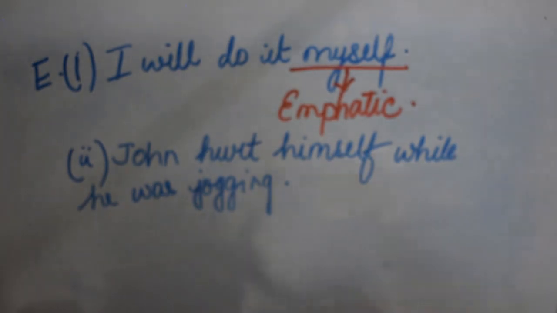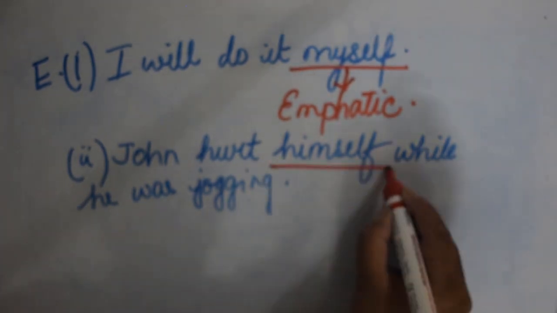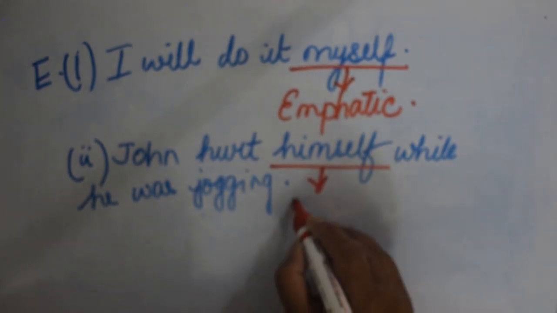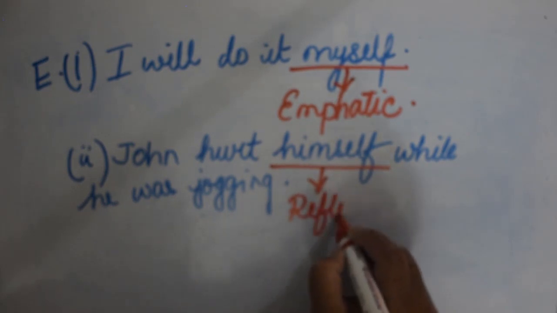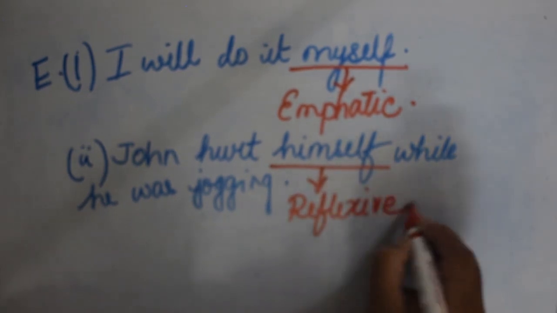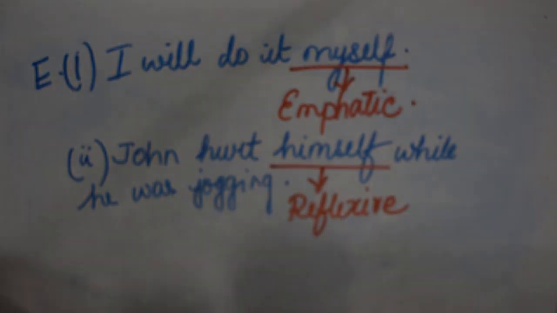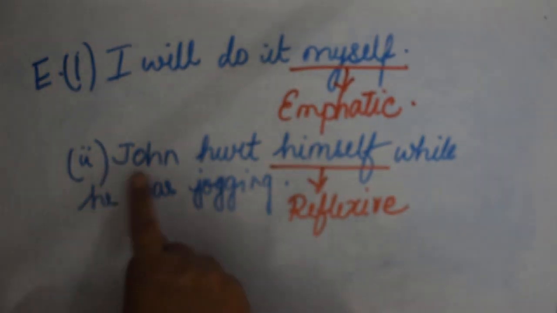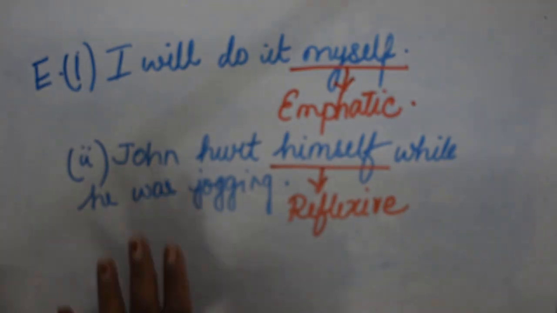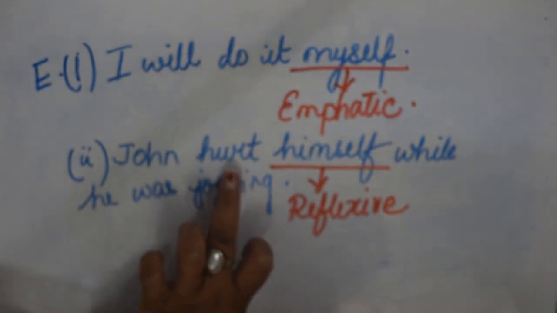See over here, the word himself will be a reflexive pronoun. Why? Because John hurt. John is the subject of the sentence, hurt is the verb.